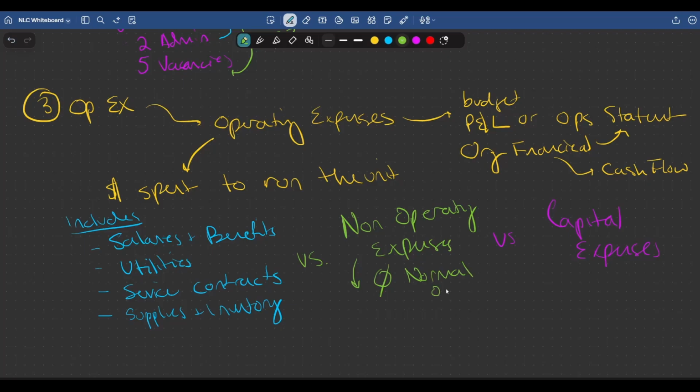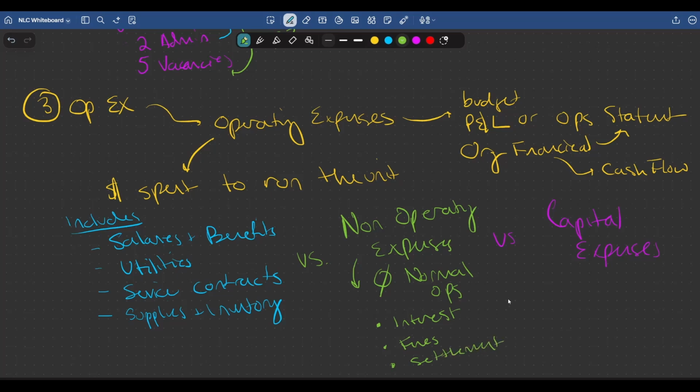It's not actually what we are doing to run the organization. So some examples of non-operating expenses would include things like interest on a loan. It would include fines or penalties from the government, for instance, or a settlement in a lawsuit.